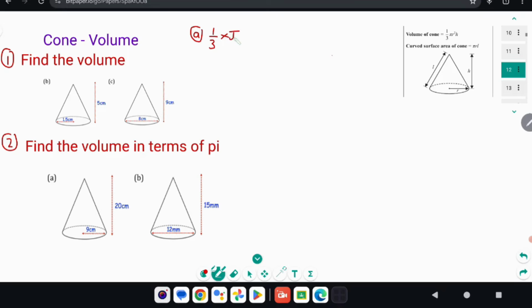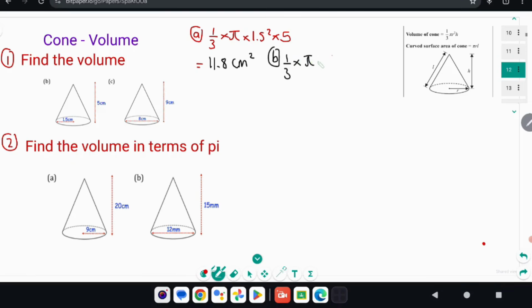So for 1a, we've got 1/3 times pi times 1.5 squared times 5. 11.8 to 1 decimal place, centimetres cubed.